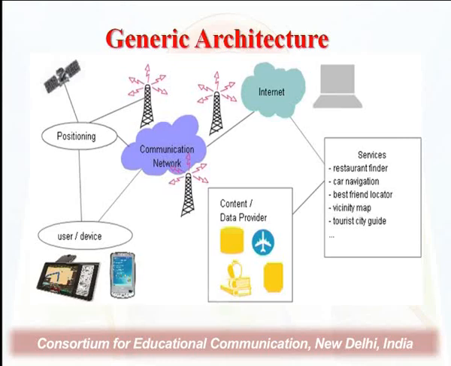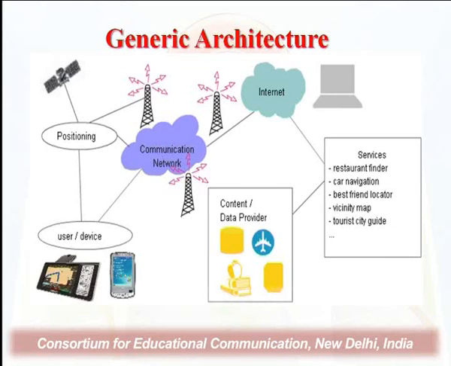Here you can see a generic architecture of a location based service. You have a communication network, which could be an over the air network. It could be separate from the internet, or it could not be separate from the internet. You have a positioning component, you have users, and you have data and service or content providers. So, basically what happens is, a user fires a query, its position is captured, and according to that position the query goes to the content or data provider, and according to that particular location, a response is generated and given back to the user.